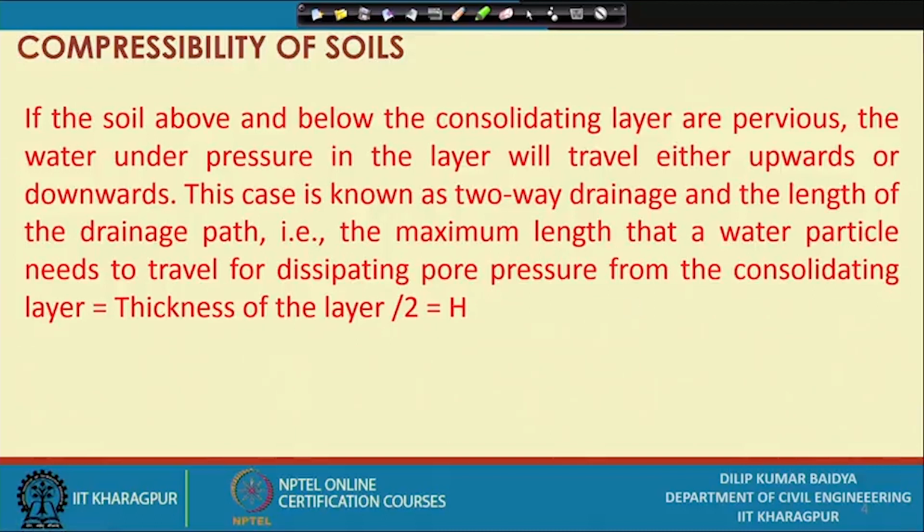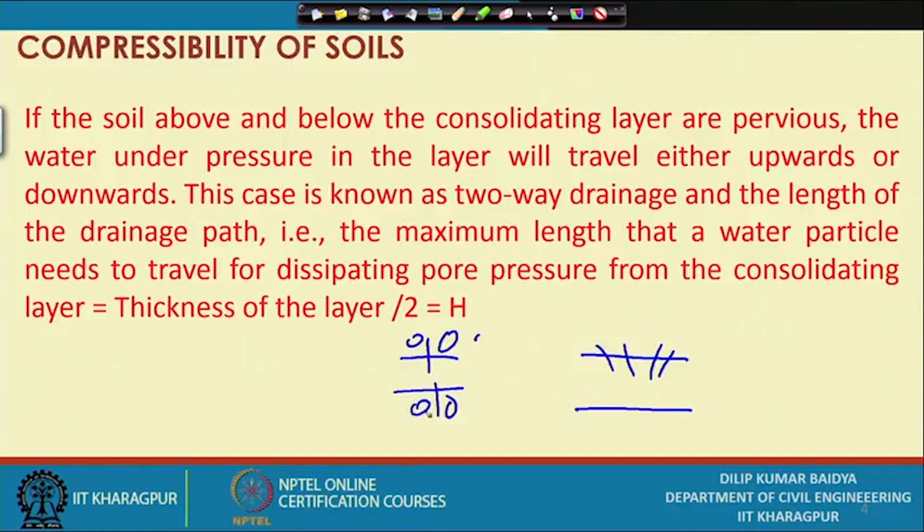And now, when there is a layer, there may be a situation where only one side is rock and one side is pervious soil. So, water will flow in one direction. Sometimes there may be a layer where both sides are pervious soil.